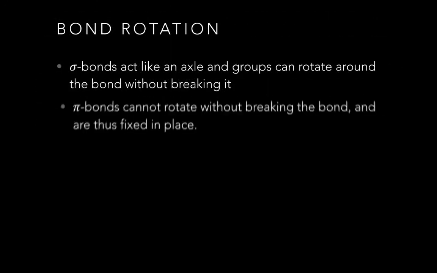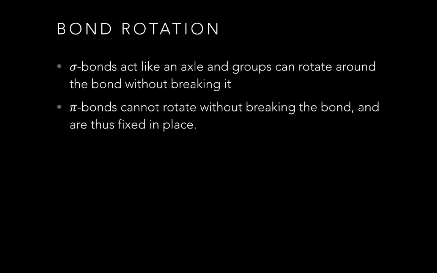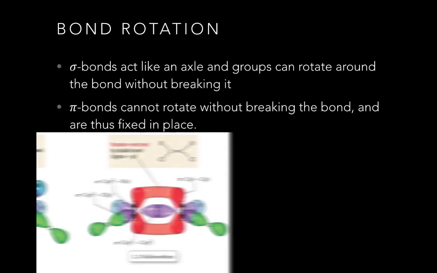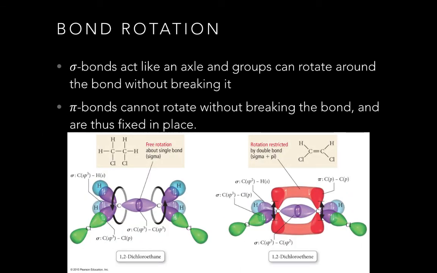Now if we take a look at bond rotation, we can see a difference between sigma bonds and pi bonds. Sigma bonds act like an axle, and groups can rotate around that axle without breaking it because they can maintain their overlap even when rotating. So we can envision seeing those bonds right along in here that have the ability to rotate around without breaking that overlap right down there.